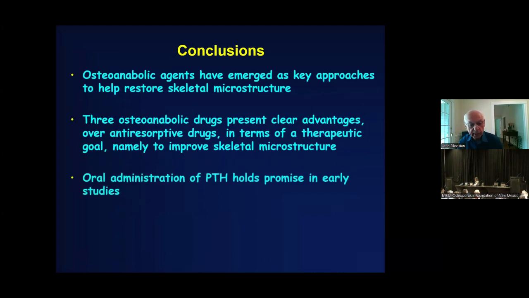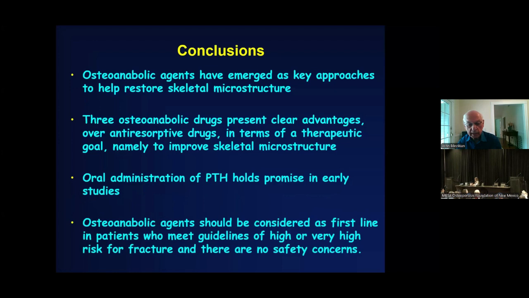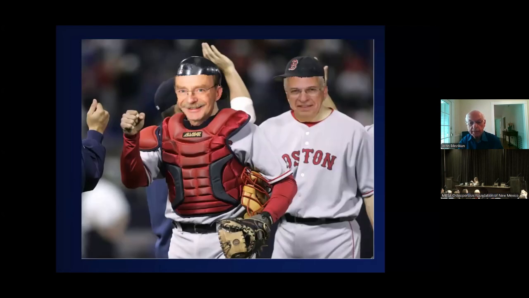And I'm very intrigued by these approaches to the oral administration of PTH as perhaps a very attractive way of administering a drug. And finally, I would say that osteoanabolic agents should be considered as first line in patients who meet guidelines of high or very high risk, as I indicated before, and if there are no safety concerns.